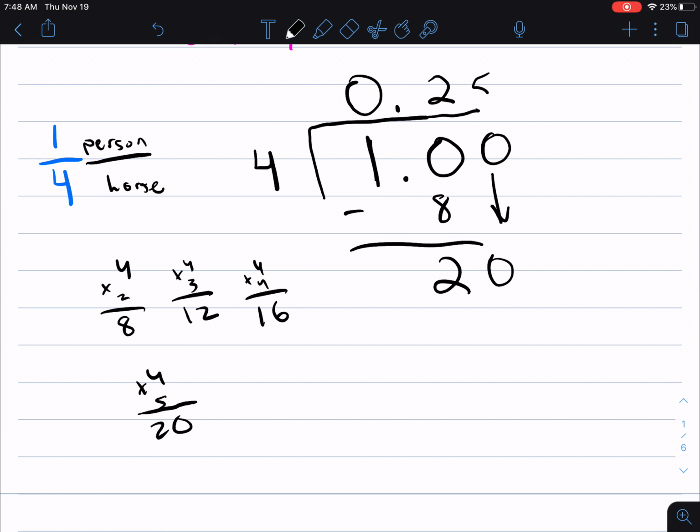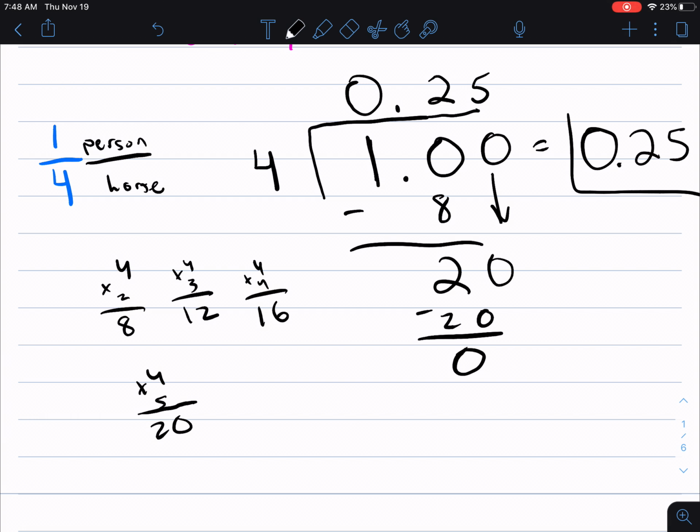So 5 veces, 5 times. I am finished. My answer is 0.25. That is my decimal. Very, very easy. You're just dividing. Nada más están dividiendo.